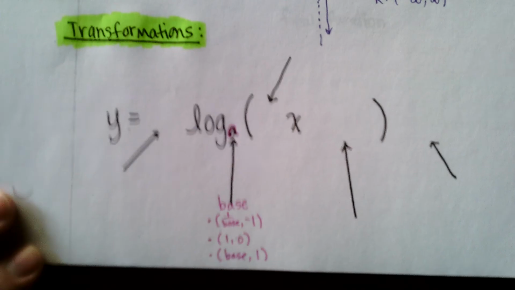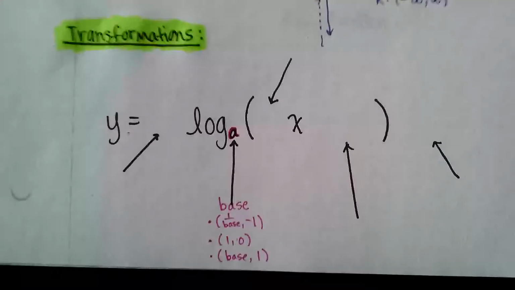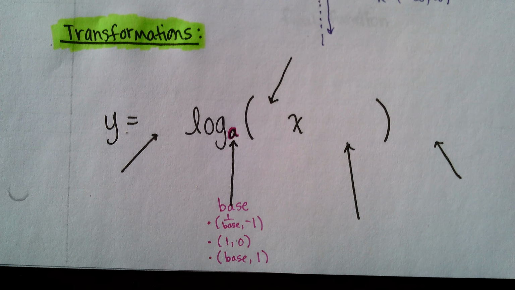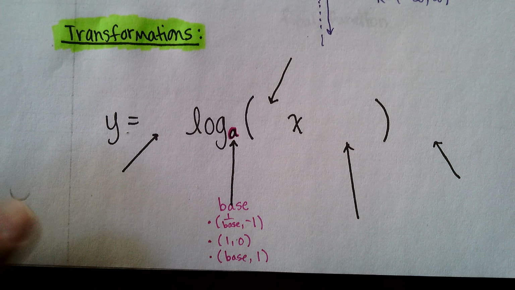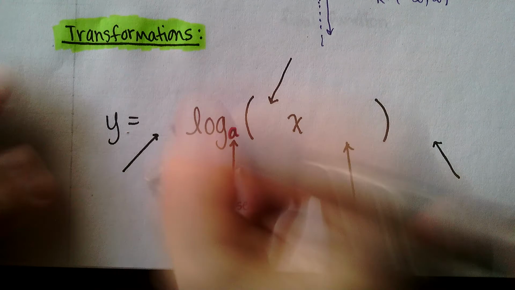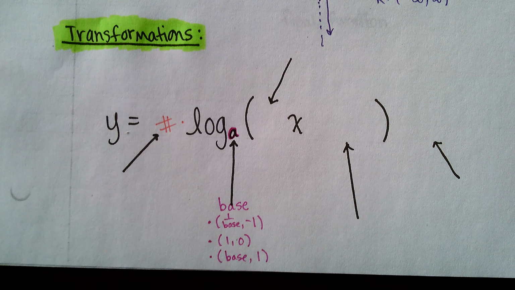So that's where we're going to start from, and then we're going to use transformations after that to get the rest of our graph going. So let's look at where those transformations are in the equation and how we handle them with those 3 special points.